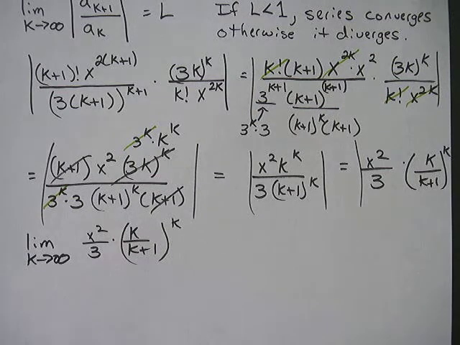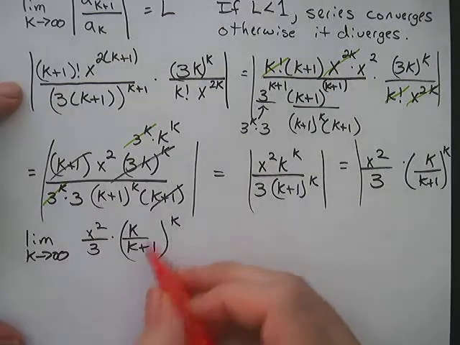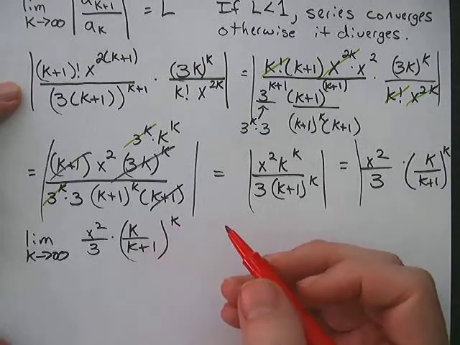Okay, so what I'm going to do, let's do this in a separate color, is take a different limit, and then I'll come back to this limit. I am going to raise this to the e to the ln power.